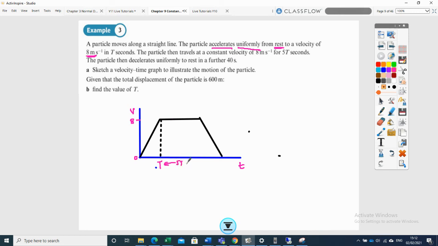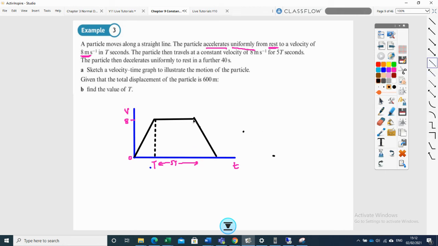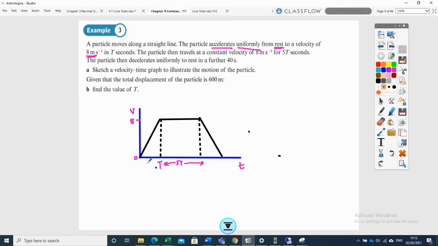So this bit up to this bit here is 5t. So at this point, the t plus the 5t is 6t, and then it decelerates for a further 40 seconds to this point here.